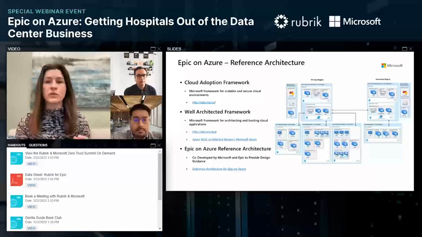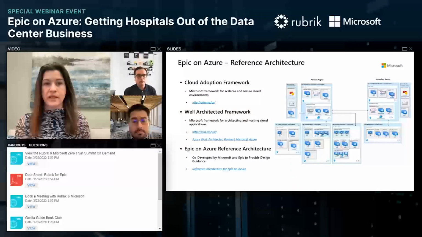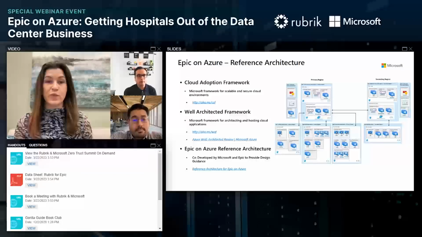You start with organizations such as Microsoft and Rubrik that have done the groundwork to make sure that it is in line with exactly how Epic expects things to be run. And the cool thing is Microsoft and Rubrik have been working together for years now, doing things natively and smoothly together, which is a topic for another conversation.